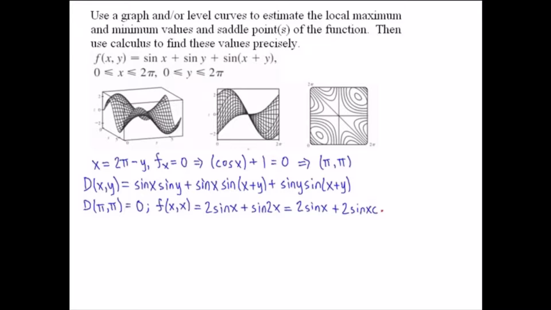Simplifying further, this is equal to two times the sine of x times (1 plus the cosine of x).